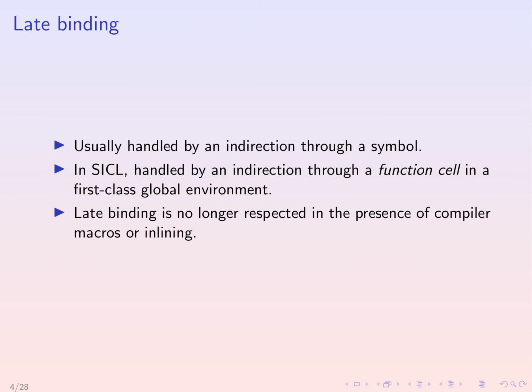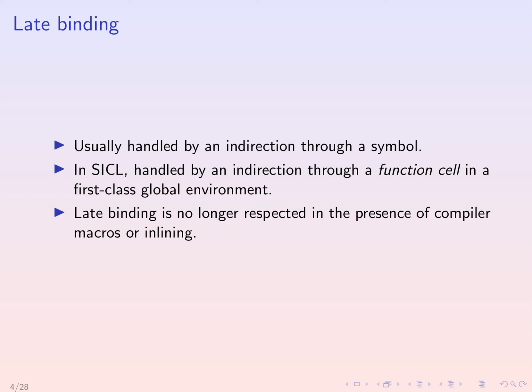Late binding means that the callee can be modified, can be redefined, or can become undefined after a caller has been compiled. The way this situation is usually handled is by having an indirection through a symbol, which is the name of the function. That indirection is altered when one of those situations occurs.